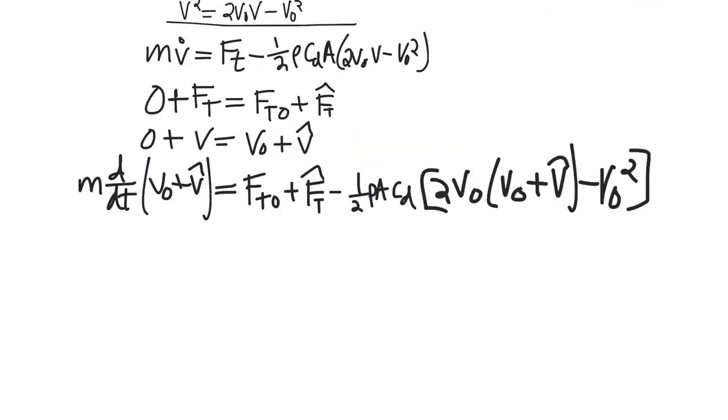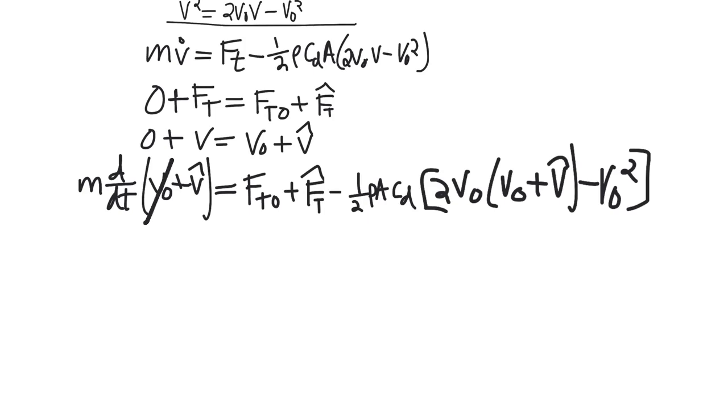This expression is a little bit of a mess, so let's do a few simplifications. The first one is that we're going to note that v naught is a constant. And so on the left-hand side of the equation, where we have m d/dt of the quantity v naught plus v hat, we know that the derivative of v naught is going to be 0.